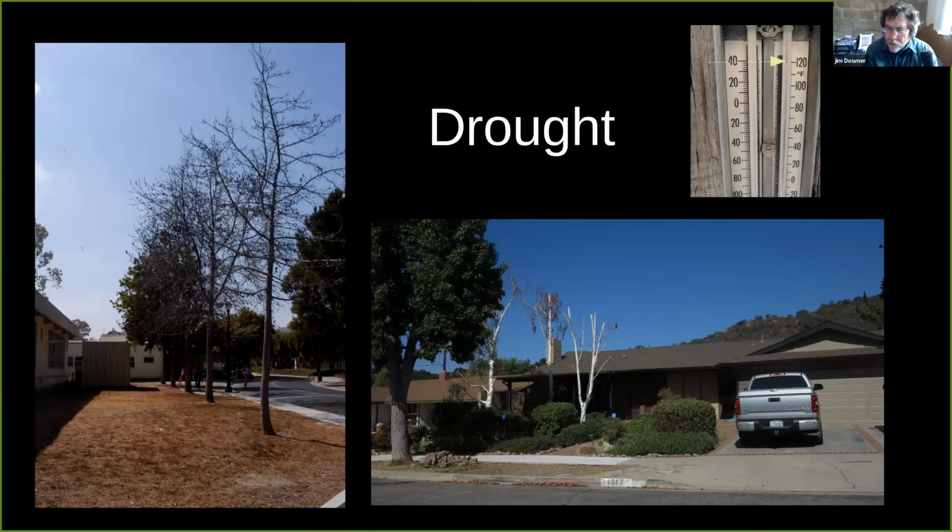Okay, I get it. So here we see a couple of things in this slide. We see trees that have died, basically failed: the Betula here in the picture with the truck, and trees which are avoiding drought, liquid ambar in this slide. They have not died, but they don't have leaves on because they're avoiding drought.